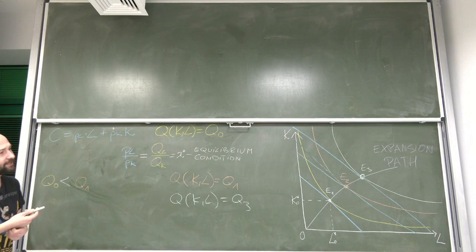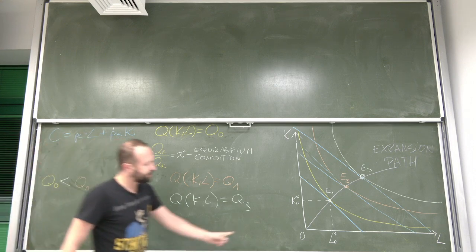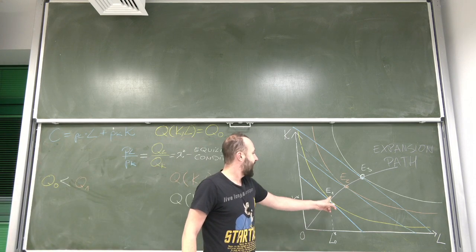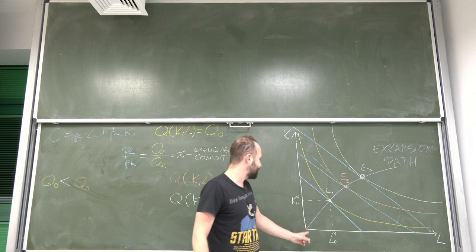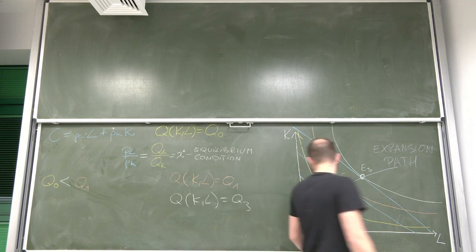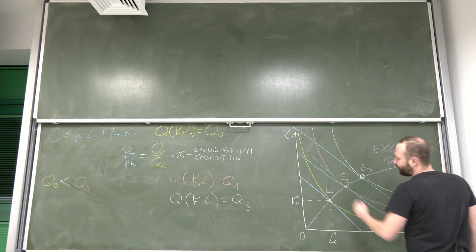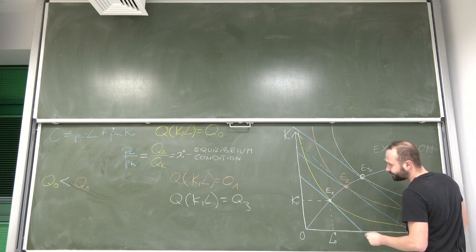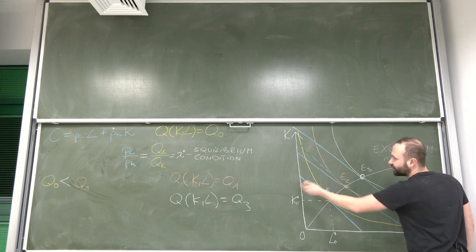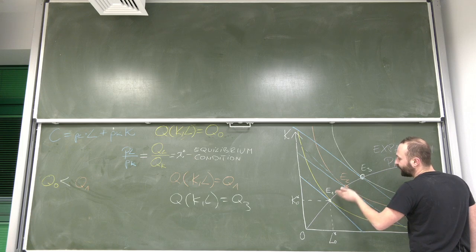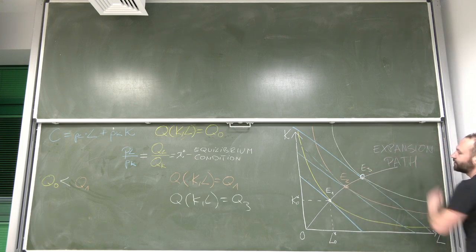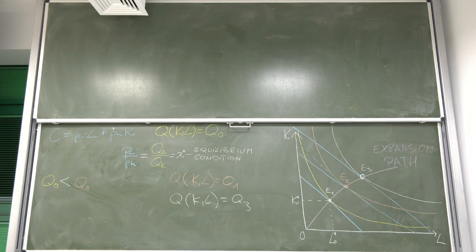And we see that this line simply connects the minimum combination, a combination that guarantees minimum cost for each consecutive level of production, right?